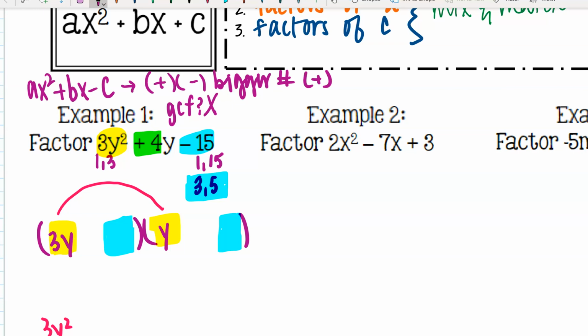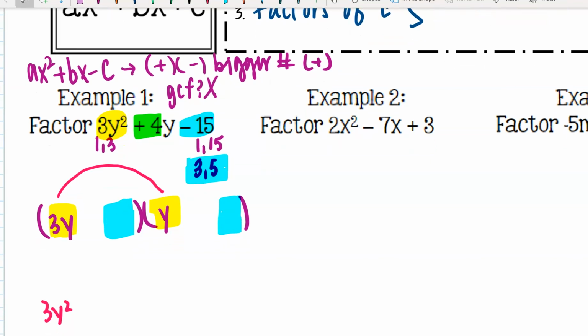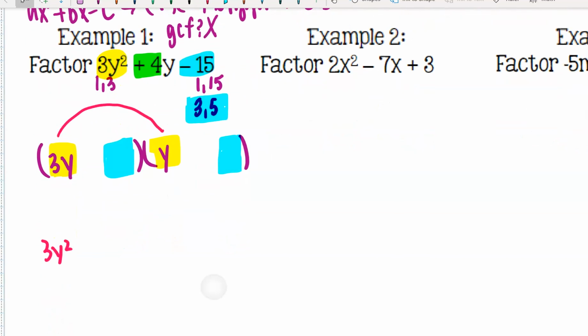So make sure that you're using a pencil, because we're going to be doing a lot of writing and erasing and writing and erasing. That's my suggestion. So for this last term, I'm starting with my 3 and my 5. My general rule, and I'll write it down here at the bottom.